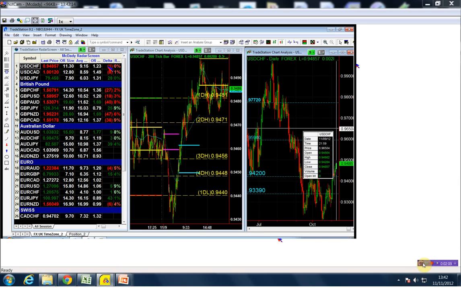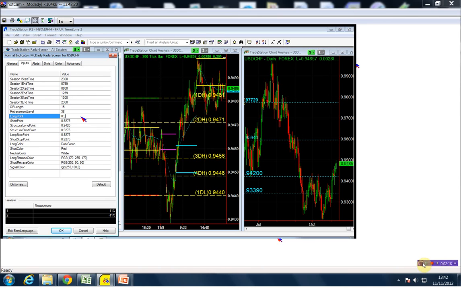So we will buy it above 94.98, and if I'm buying it right there, my stop is going to be below the 94.80, which is the daily high. And the next structure point is the 95.94.